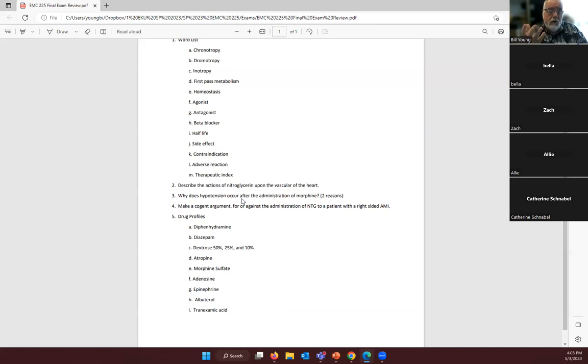And he or she may order you to give a fluid bolus for this particular patient. The key here, and this is extremely important, is the answer is it depends. Don't reject outright giving nitro to a right-sided MI because you may have heard some erroneous information from other paramedics.